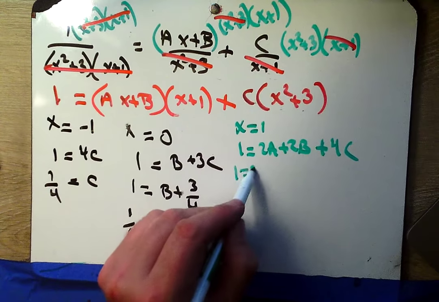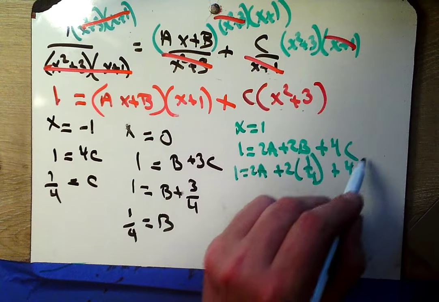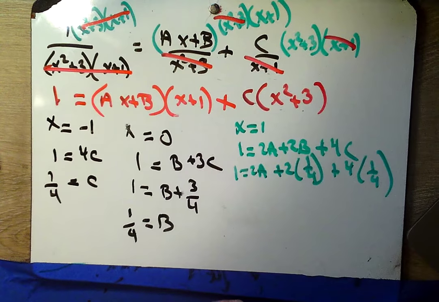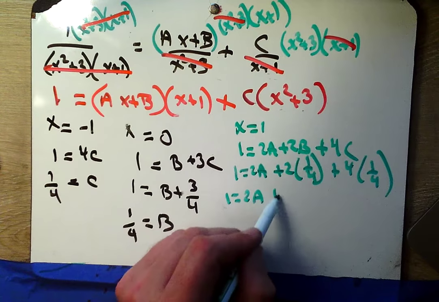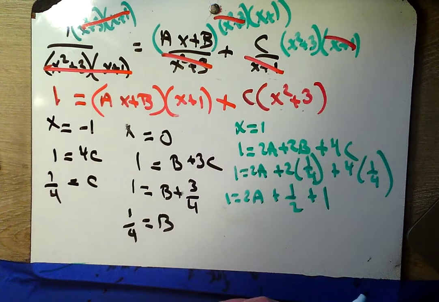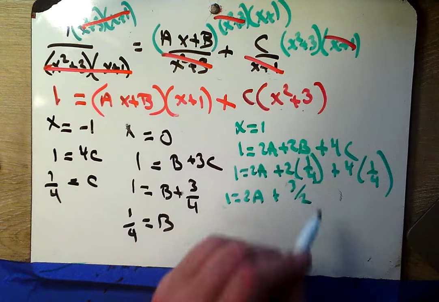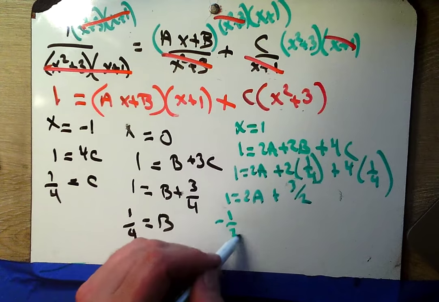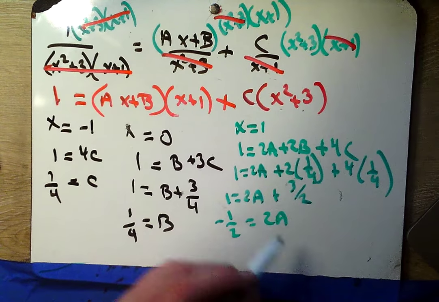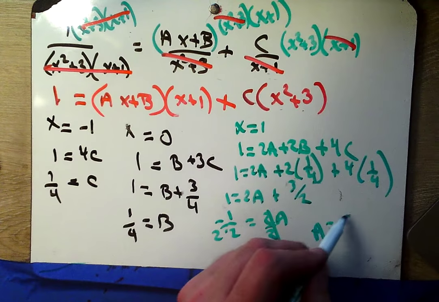So 1 equals 2a plus 2 times 1/4 plus 4 times 1/4. So I get 1 equals 2a plus 1/2 plus 1. Well, that's going to be 3/2. And when I subtract 3/2 from 2/2, that's -1/2 equals 2a. And so I get that a equals negative 1/4.